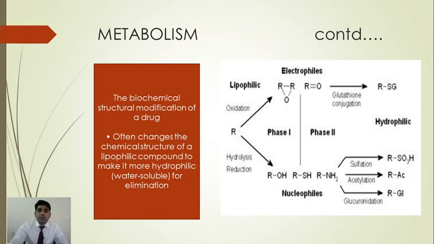And after this stage, phase 2 starts. In phase 2, these nucleophiles and electrophiles undergo conjugation reaction. Conjugation means joining a large functional group to the main molecule, and by getting joined with these large groups, the drug molecule finally gets converted into a hydrophilic one.